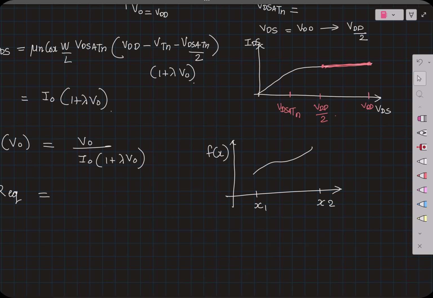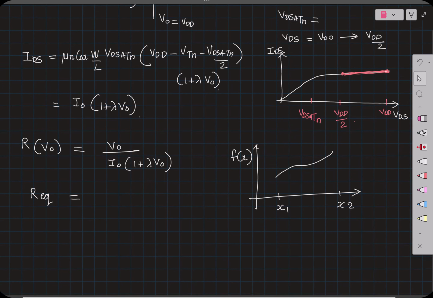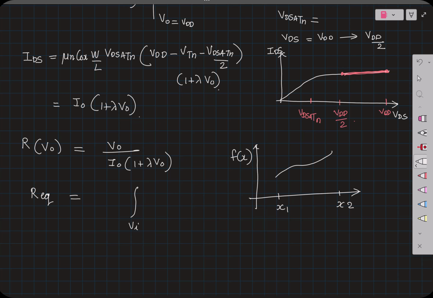Right? Now based on that, can you tell me the expression for R equivalent? So I need to integrate from some initial value to final value, V naught by I naught into 1 plus lambda V naught, and then I divide this by V final minus V initial. Right?